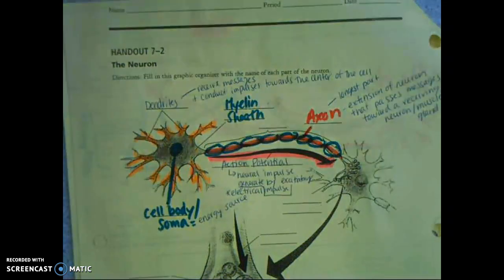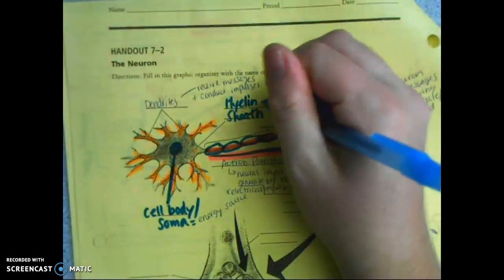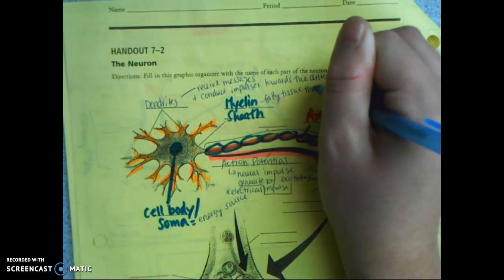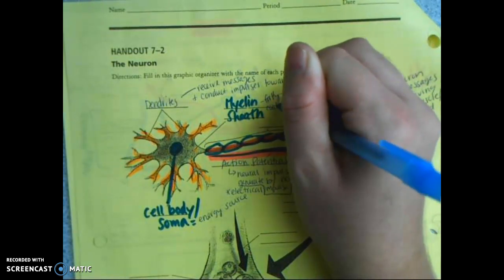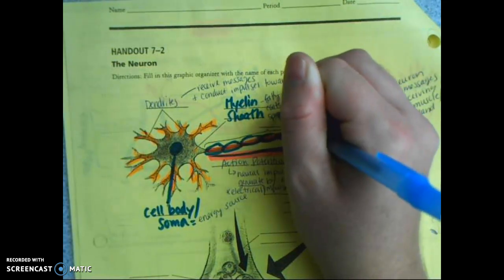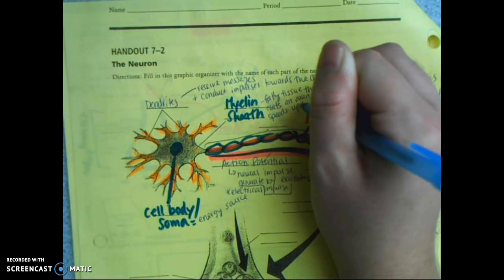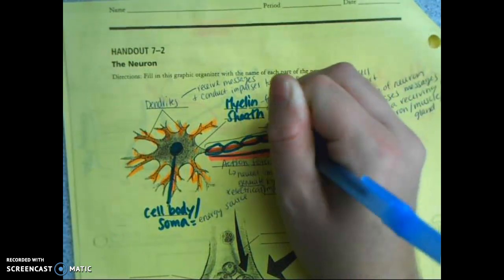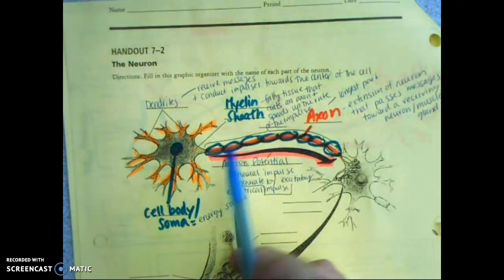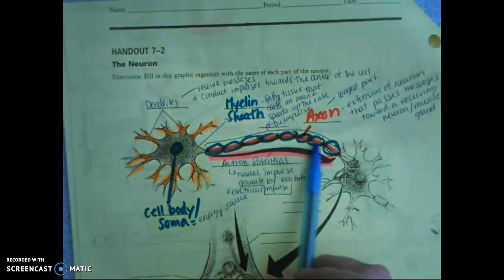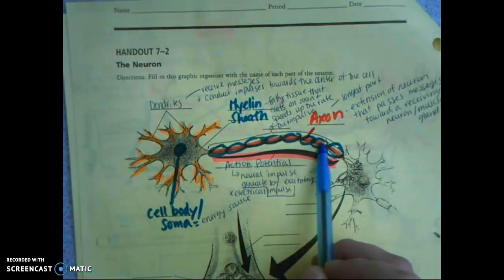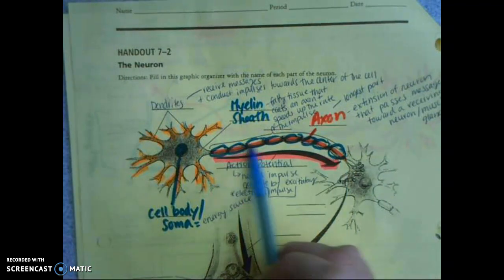The myelin sheath is a fatty tissue that coats an axon and speeds up the rate of the impulse. Okay, and the way it speeds it up is instead of traveling all the way down the axon, the impulse actually jumps to those kind of sausage links in between. Those nodes are called nodes of Ranvier.